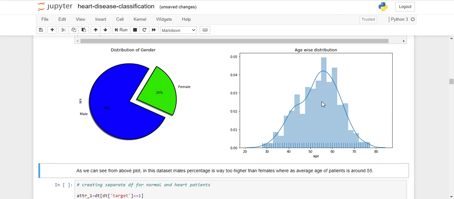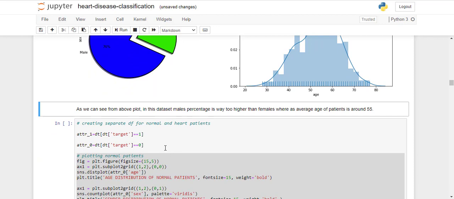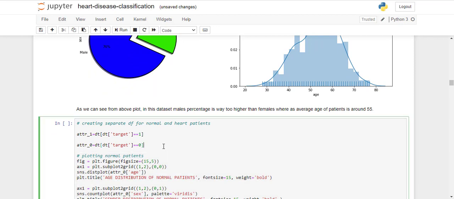That's truly visible here. Now what we will do in the EDA part: we have filtered two data sets based on the target variable. The patients who have heart disease, with target variable 1, we will store in the ATR_1 data frame, and another data frame is ATR_0, which are the normal patients.